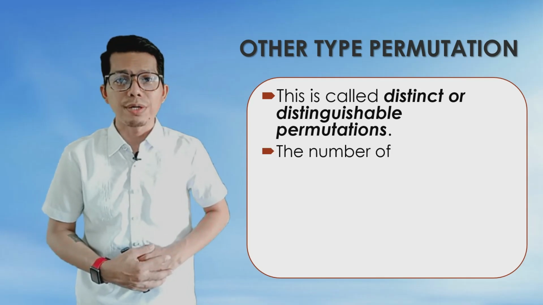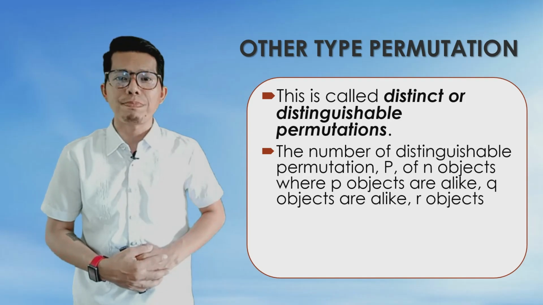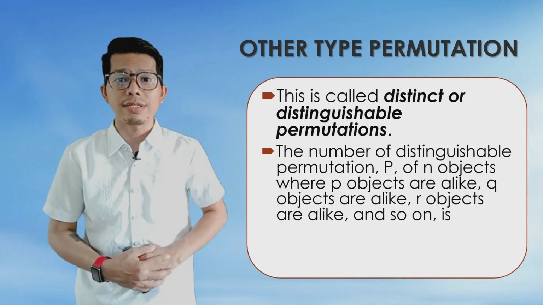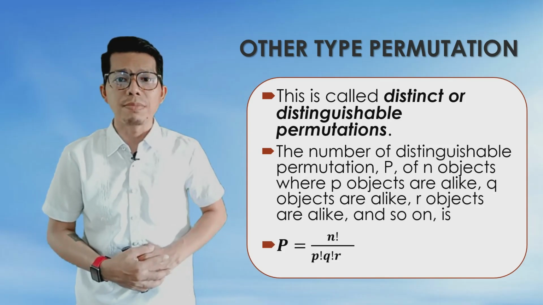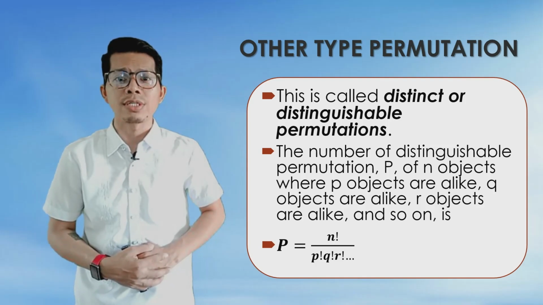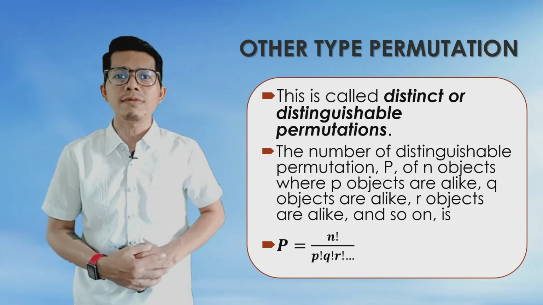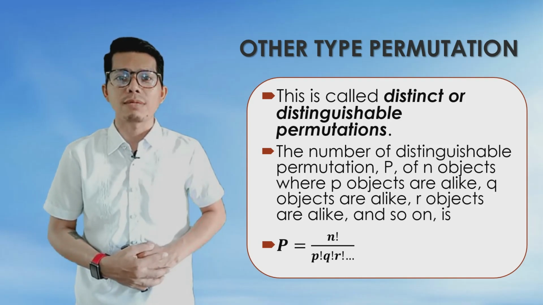The number of distinguishable permutations of n objects where p objects are alike, q objects are alike, r objects are alike, and so on, is equal to n factorial over p factorial times q factorial times r factorial and so on.